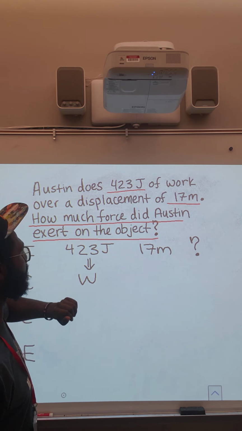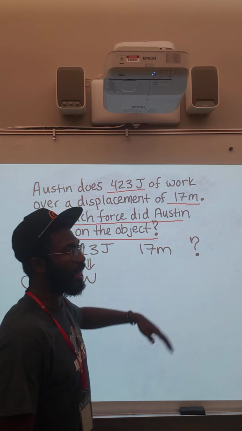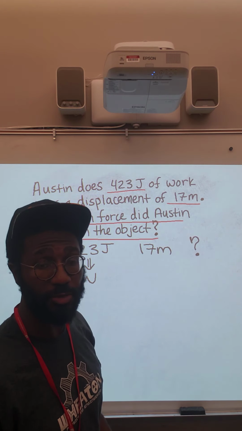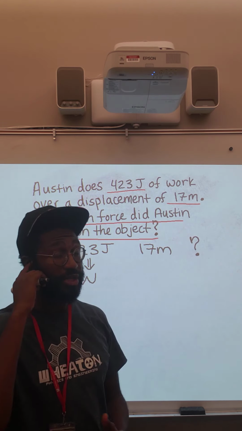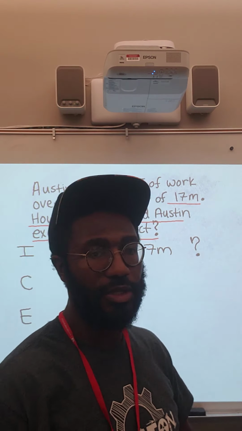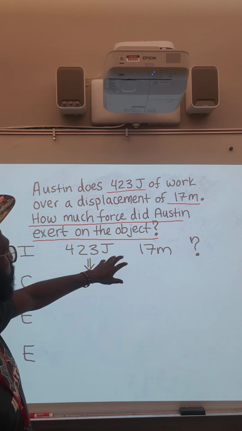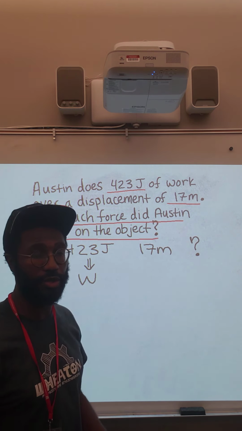Now we go over to 17 meters. We know that meters is a unit of displacement, but this could also be position, because a position would be measured in meters as well. So we need to figure out whether this is position or displacement.